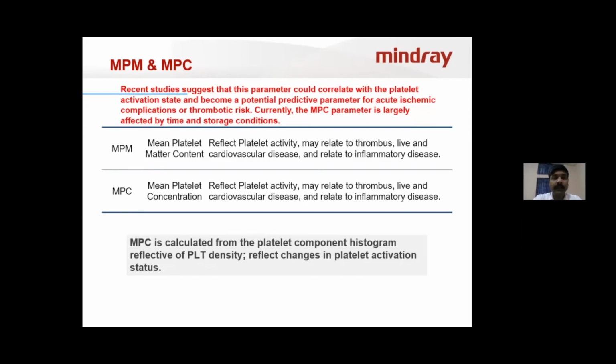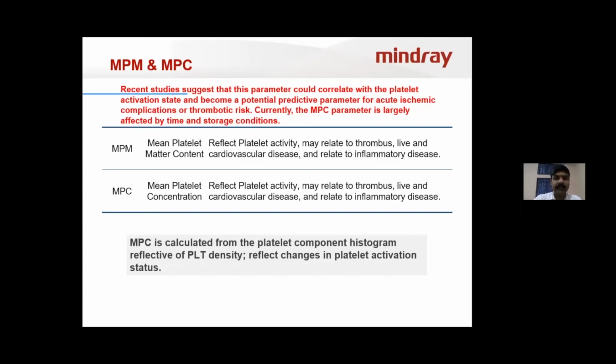Now, Mindray will be analyzing the platelet based on the forward scattering as well as the granularity. Thereby, Mindray is able to give you new parameters called mean platelet matter content and mean platelet concentration, both of which reflect platelet activity.